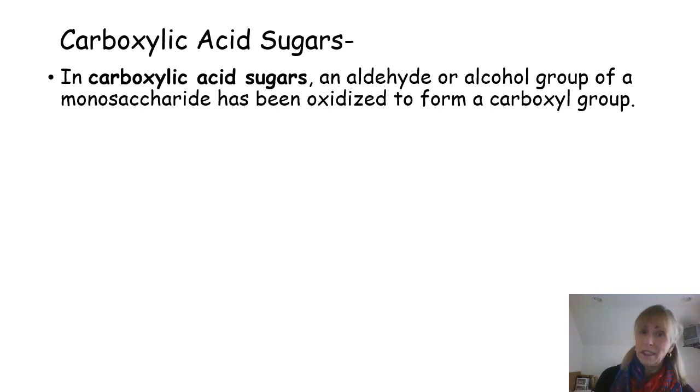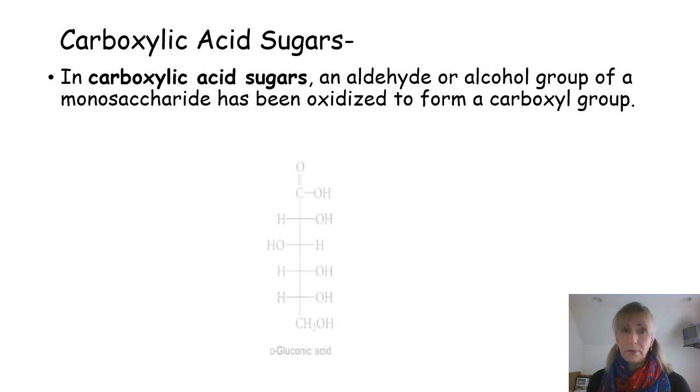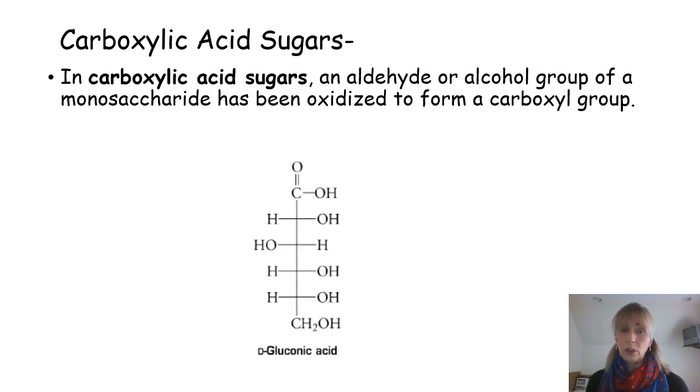So in carboxylic acid sugars, an aldehyde or even, remember, an alcohol group could be oxidized into a carboxylic acid. So an aldehyde or an alcohol group of the monosaccharide is going to be oxidized to form a carboxyl group in a carboxylic acid sugar.